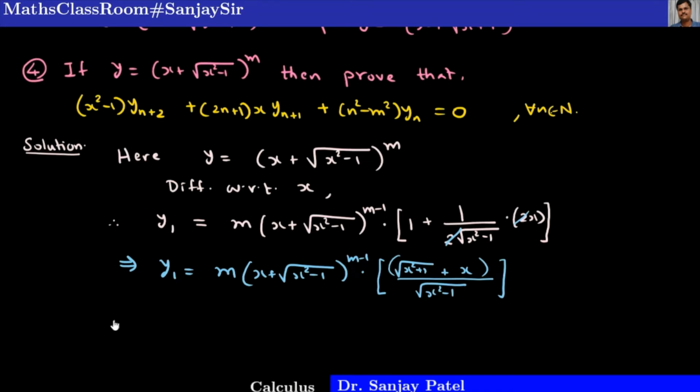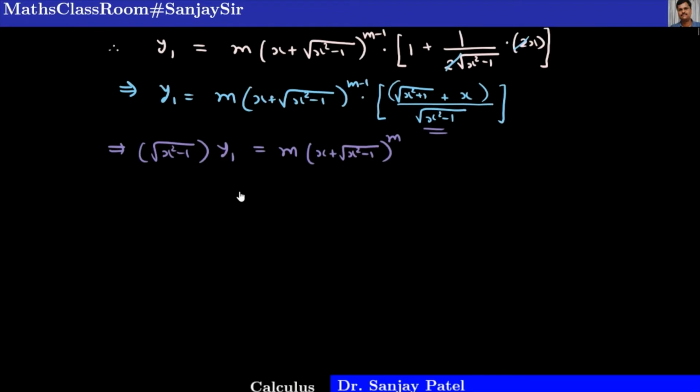So this implies square root of x square minus 1 into y1, taking this term on the left hand side, is equal to m times (x plus square root of x square minus 1) raised to m minus 1 into (x plus square root of x square minus 1). So the final product will be raised to m using the power indices rules.